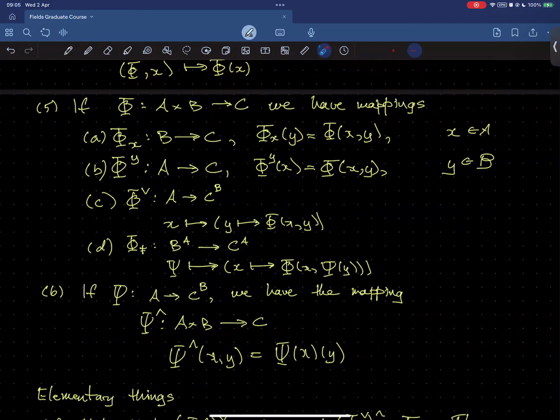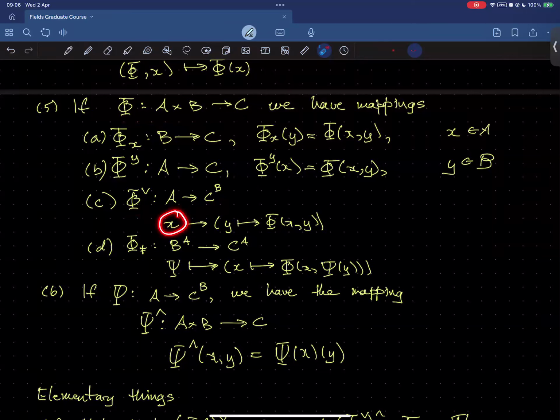You also have a mapping, phi upside down wedge, phi check if you want to call it that. And what this does, so remember phi here is a mapping from A cross B into C. All right, so corresponding to that, I'm going to have this mapping phi check, which takes a point in A and gives me a mapping from B to C. And it does so, again, if you give me this thing and tell me that you want me to define a mapping like this, this is the only way to do it.